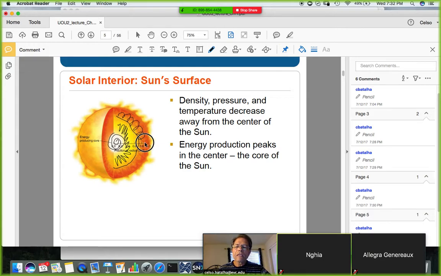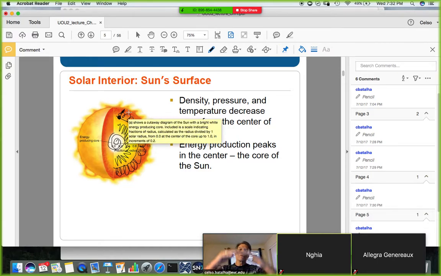So here is the convective zone where mass transfer occurs. Basically, hot gas in the lower region rises up, bubbles up, and transfers heat to the upper regions. And then it cools down and falls back to the hotter regions, and you have this circulation going on and on.